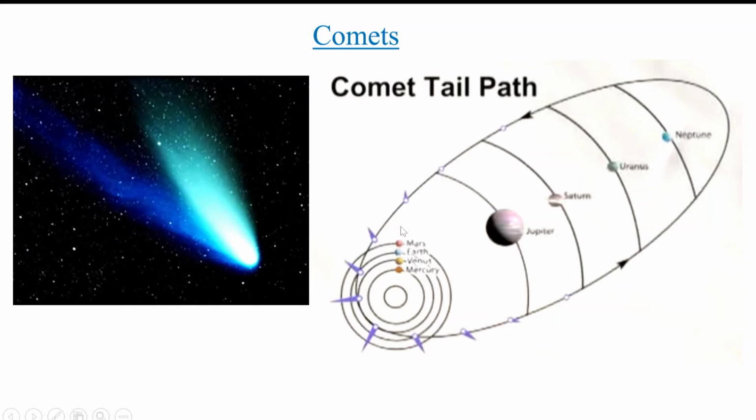So, this is an example of a comet path. It is coming towards the sun, and you can see the generation of the tail. The tail continuously grows larger as it approaches the center of our solar system, that is the sun. And when it is going away from the sun, the tail is again decreasing.